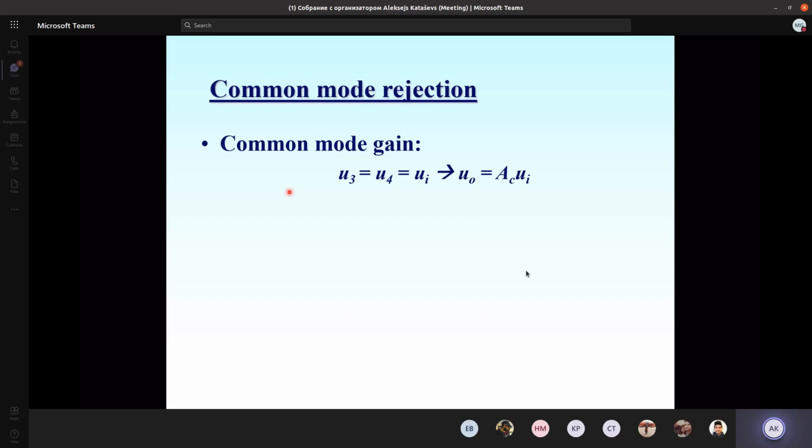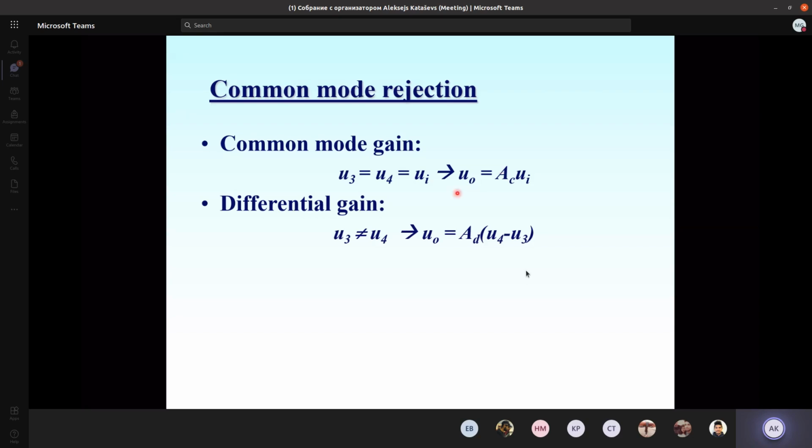It will be some very small voltage, and the ratio between the output voltage in common mode and the input voltage in common mode is named the common mode gain. So when we connect together the inputs of the differential amplifier, apply some voltage and see what is on the output, the ratio between output and input will be the common mode gain.